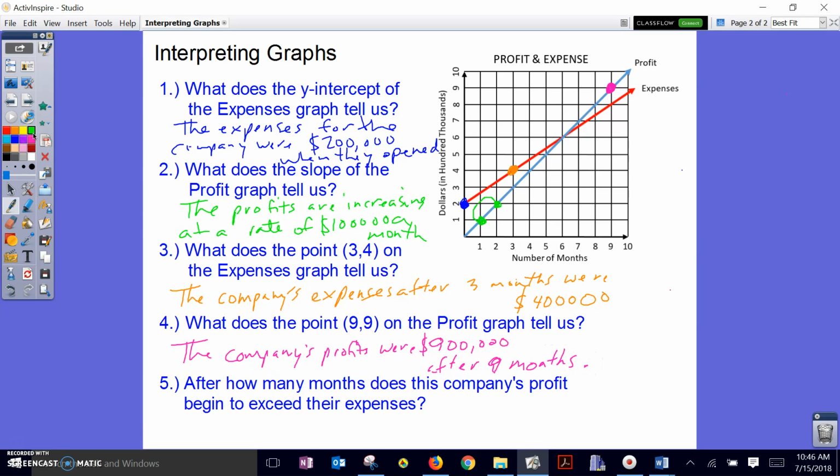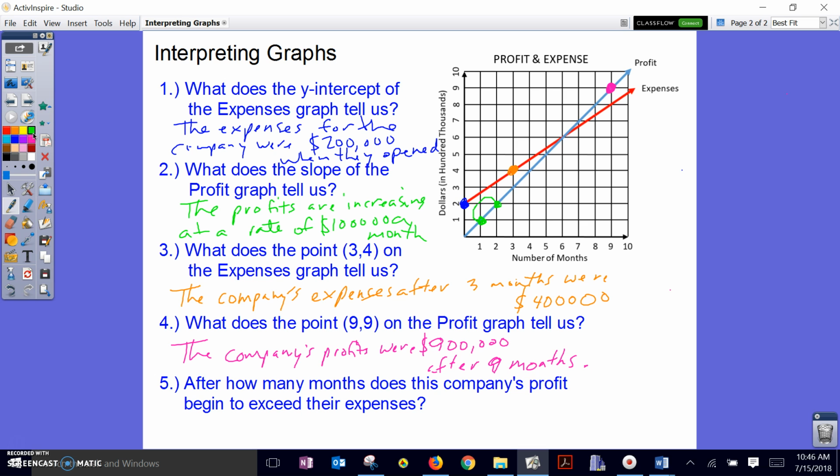And the last question, after how many months does this company's profit begin to exceed their expenses? So we're looking here, if we start at the left-hand side of the graph and look at the graph, the red graph is above the blue graph. And so over here all the way on the left, the expenses are greater than the profit. And as we move from left to right, the profit graph rises a little more quickly than the expenses graph.